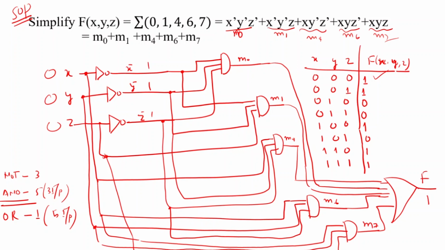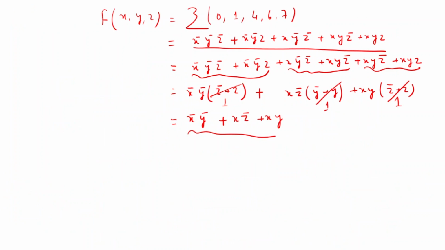But when we implement this function, all 3 variables x, y, z appear in complemented form. This means we simply take x, then we apply a NOT gate, this is x complement. Similarly y gives y complement, and z gives z complement.